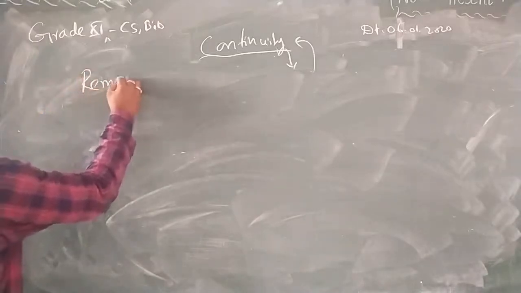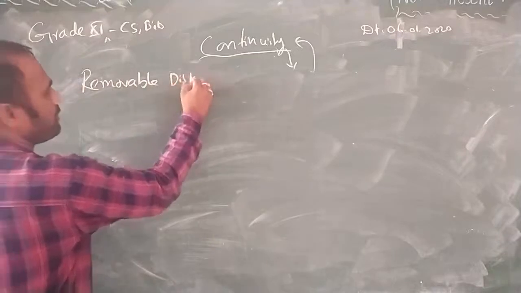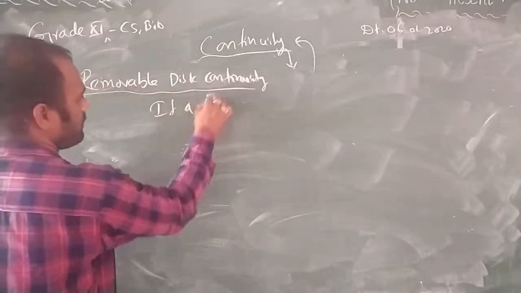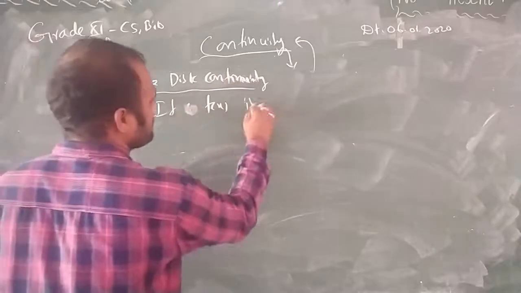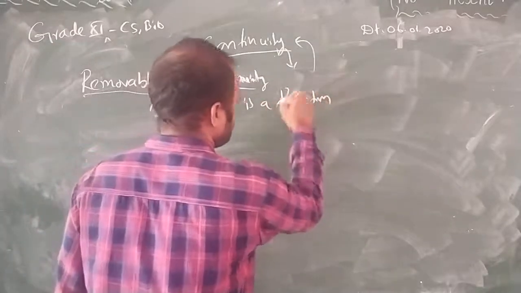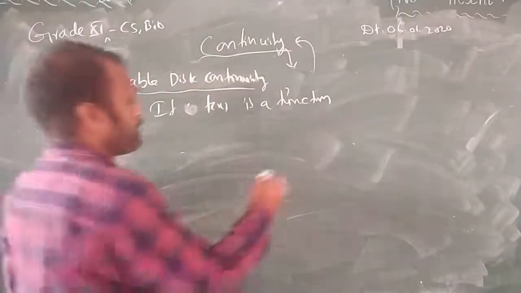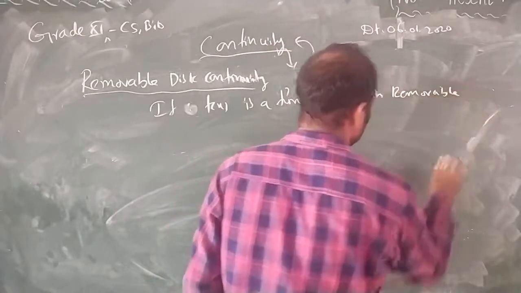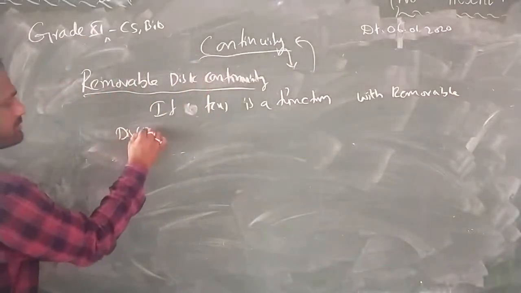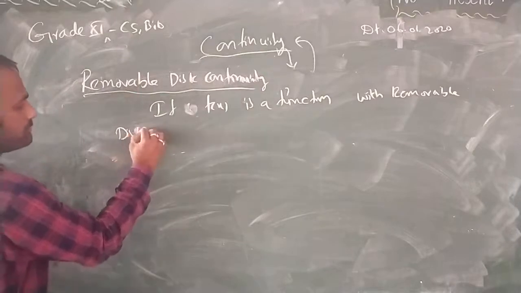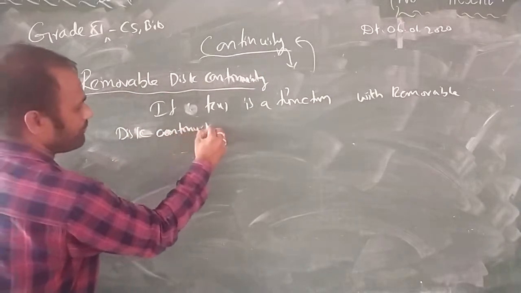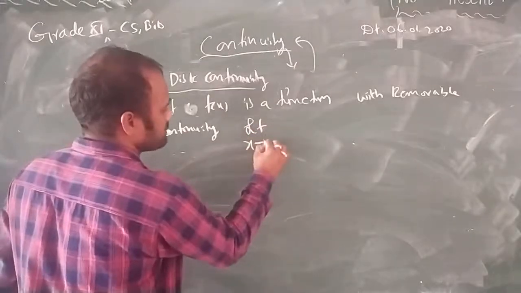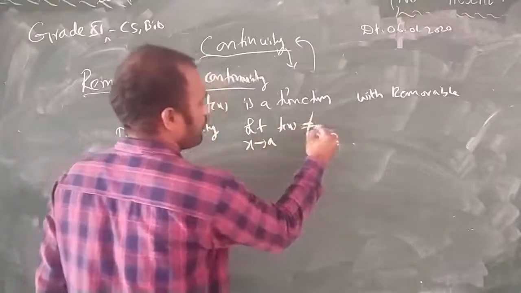Removable discontinuity. If f of x is a function with removable discontinuity, it means the limit as x tends to a of f of x is not equal to f of a.